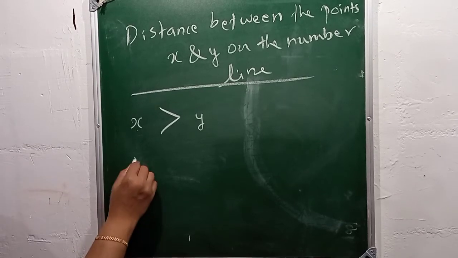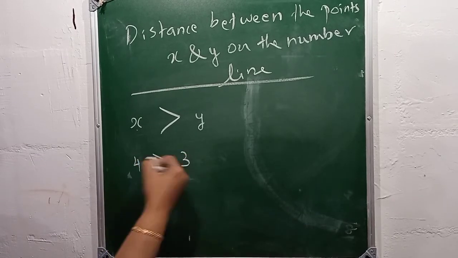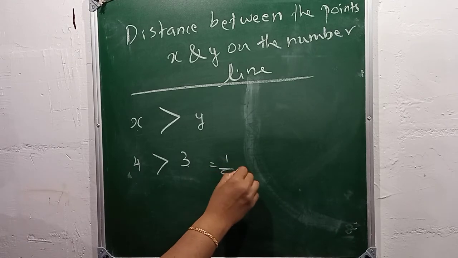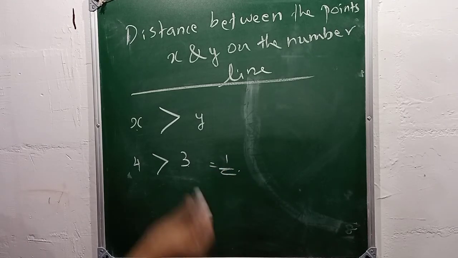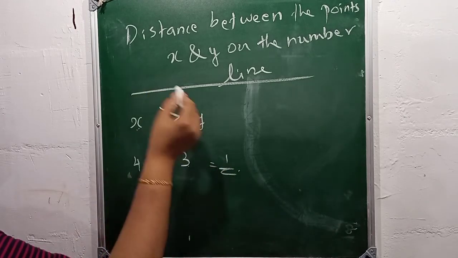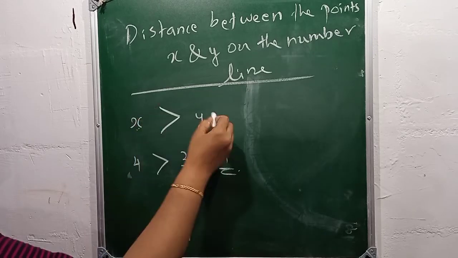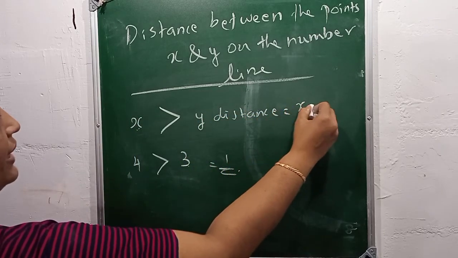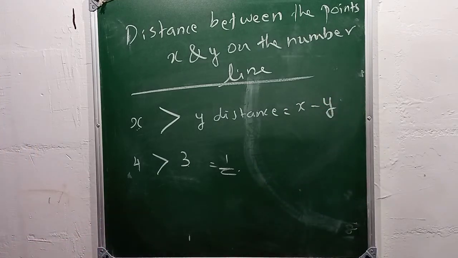That is, 4 is greater than 3. Then the distance between 4 and 3 is equal to 1. Right? So if x is greater than y, then the distance is equal to x minus y.